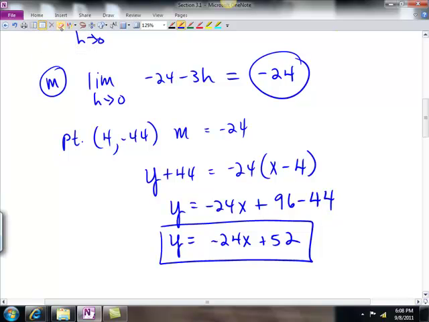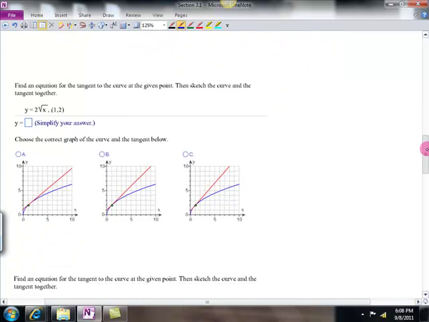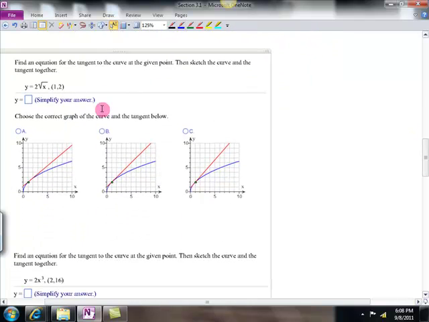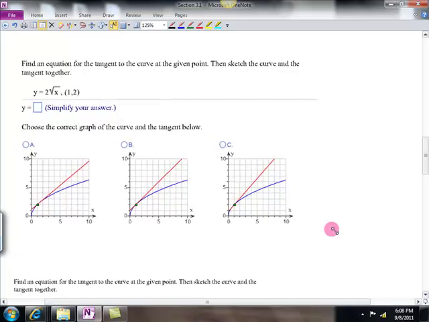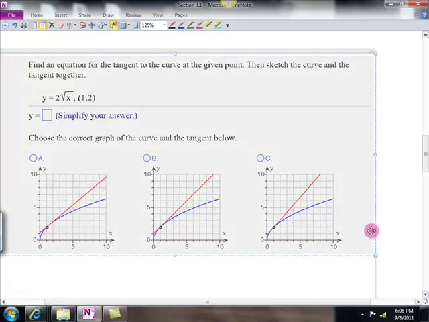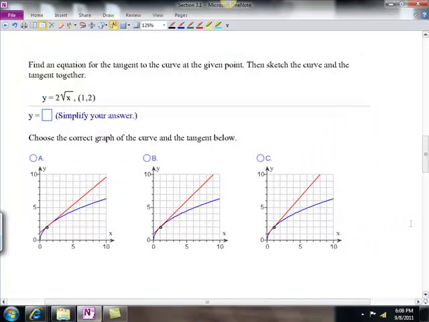Okay? So here is this one. Let me make it a little bigger. And it's asking you to do a little bit something different at the end. Find an equation for the tangent to the curve at the given point. Then sketch the curve and the tangent together.